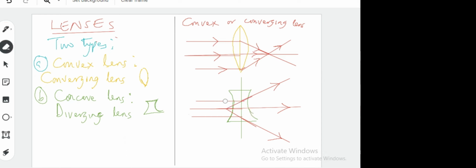I will just use dotted lines to show you that this is just a prolongation of the line, not necessarily that anything is coming from there. Can you see that? There's nothing really coming from there because it diverged. But if you make the line longer, it will appear to be coming from a point, which is actually the imaginary focus. Imaginary focus. So what's special about this?